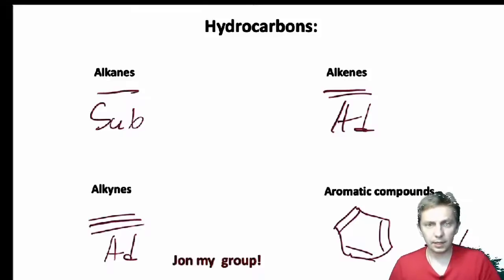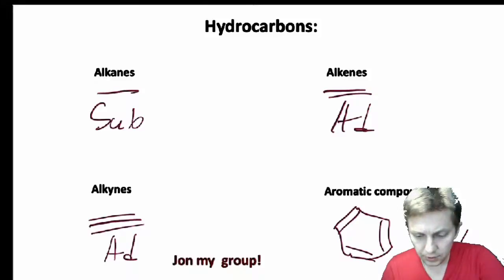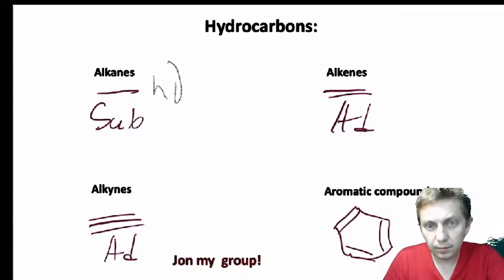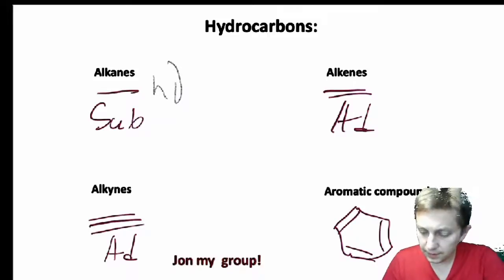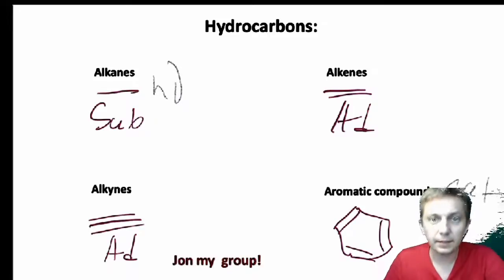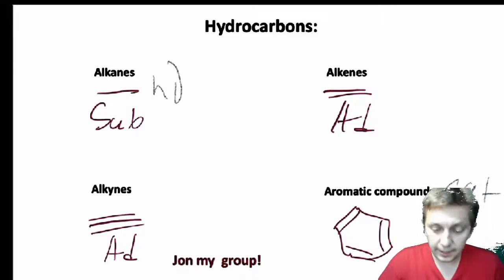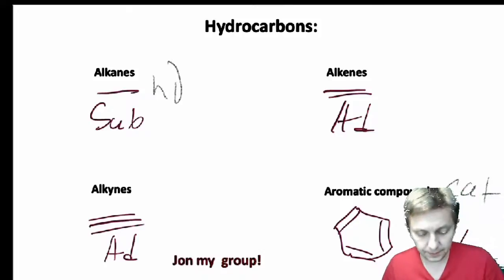And additionally, as a condition for reactions, here we need ultraviolet. Here we need a catalyst, and for alkenes and alkynes, in many cases, no additional compounds are required. Let's see this in examples.